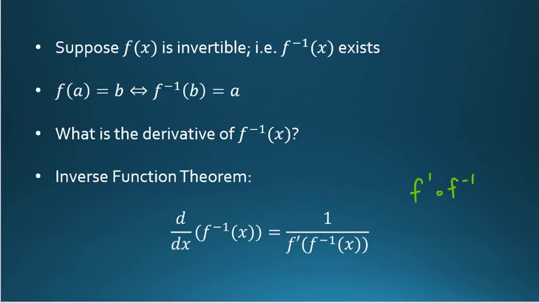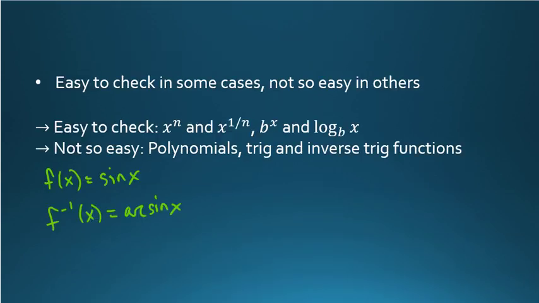And if I try to use this formula here to come up with the derivative of the arcsine of x, what this formula is telling me is I'm going to differentiate f to get the cosine of x, and then take f inverse and plug it into the variable inside of f prime.